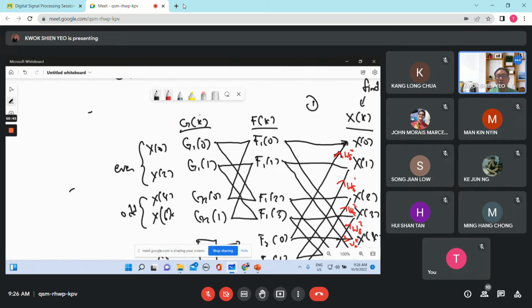And I know the odd entry will be connected to and multiplied with W4, W4^0, W4^1, W4^2, W4^3. Then I have to rearrange my X already, because I need to group them: the even entry will produce these two, and the odd entry will produce these two.